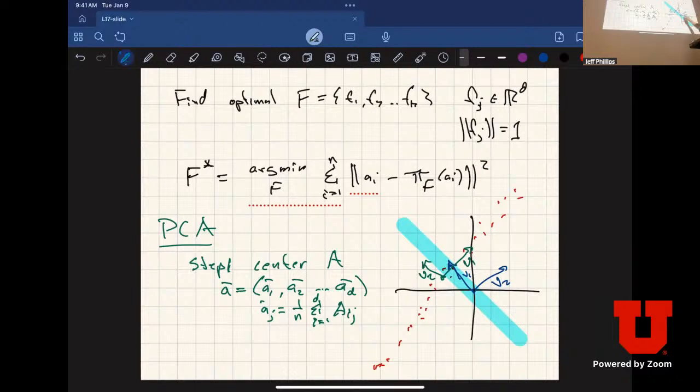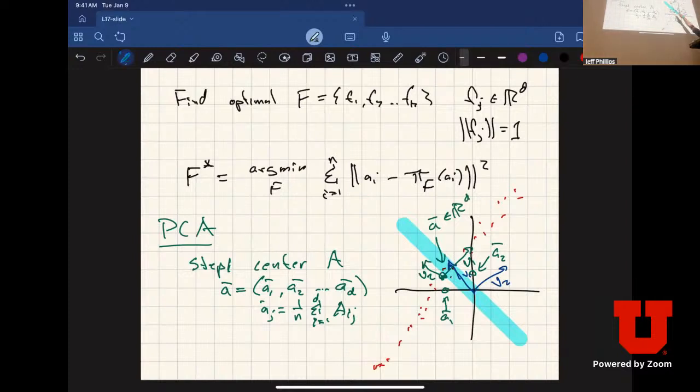So this first coordinate, I find the average. Okay, I find the average here. This is a 1 bar. And then I find the average in the second coordinate. This is a 2 bar. And then there's a single vector here, a bar, which is in RD, which is the coordinate-wise average.